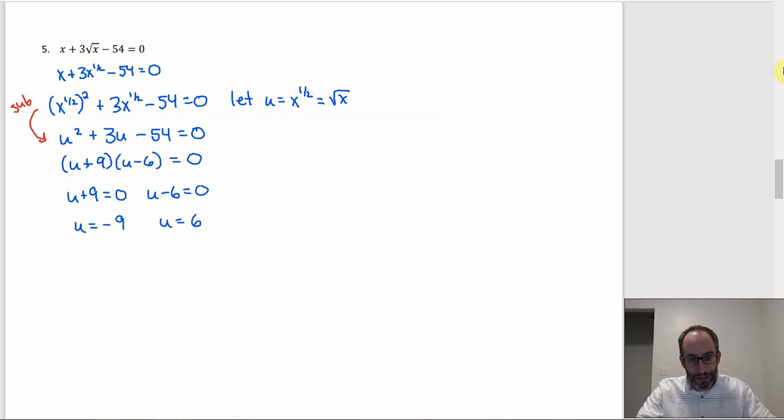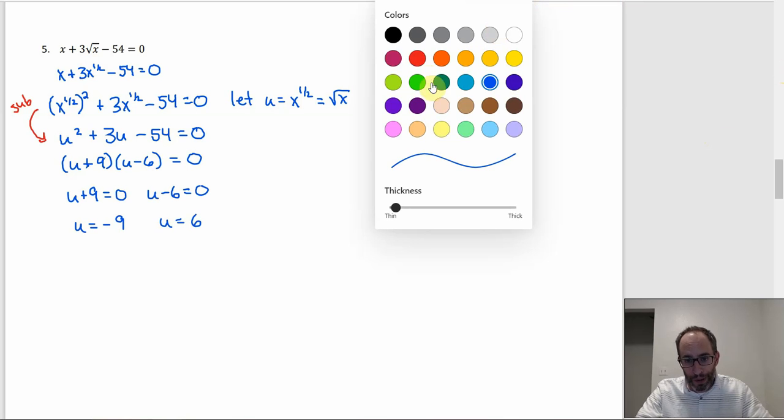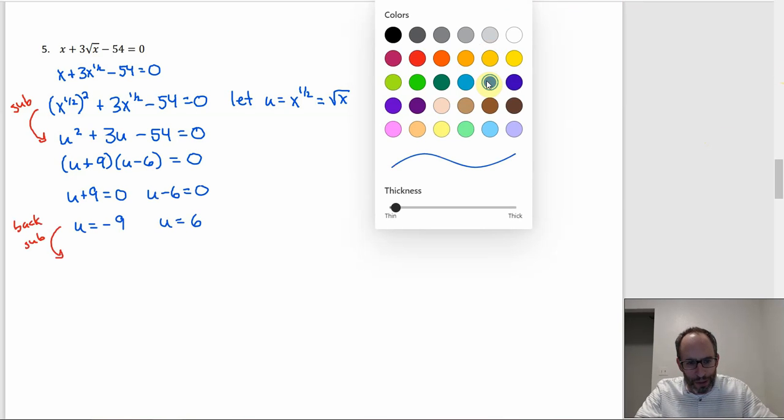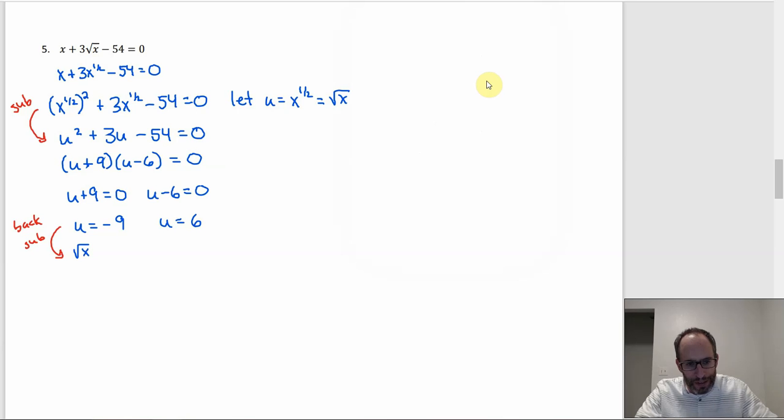And then we're going to back substitute because we want the answer in terms of x, not in terms of u. So back sub. All right, so if we go ahead and do that, then what we're going to end up with is that radical x equals negative 9 or radical x equals 6. But we don't want this solved for radical x. We want this solved for x. So you think, well, if we square the square root, that should give us an x back out, right?